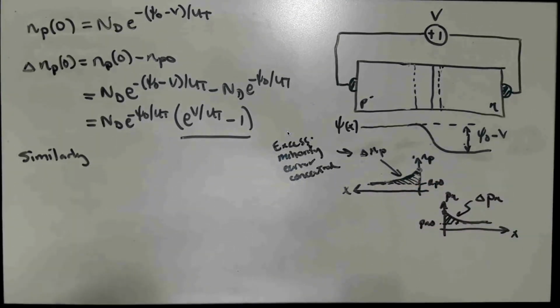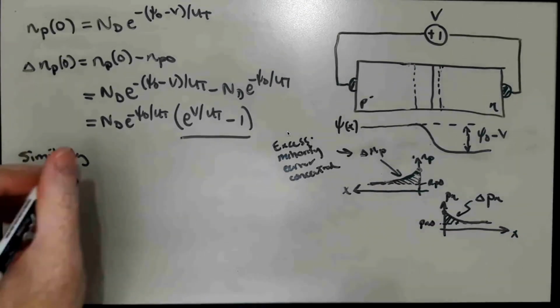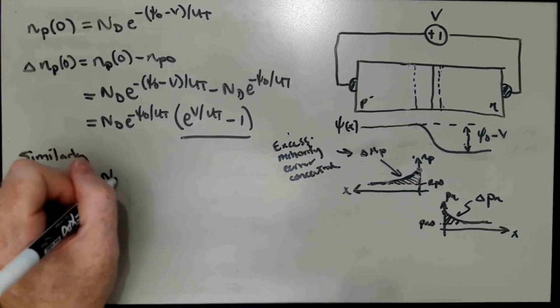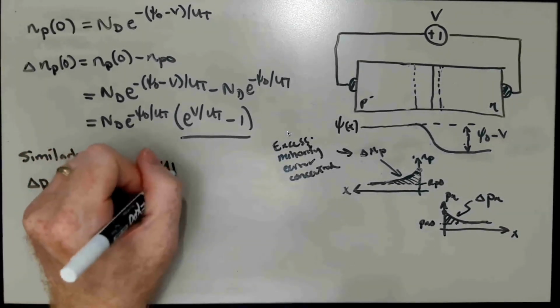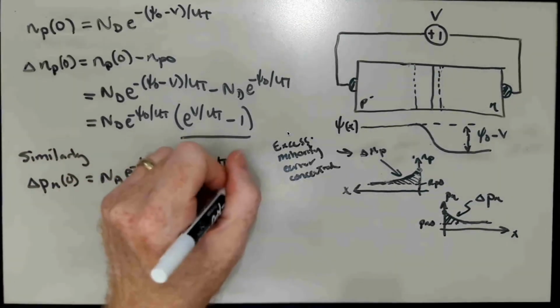Delta p n of 0 is going to be basically n sub a times e to the minus psi 0 over ut times the same factor, e to the v over ut minus 1.